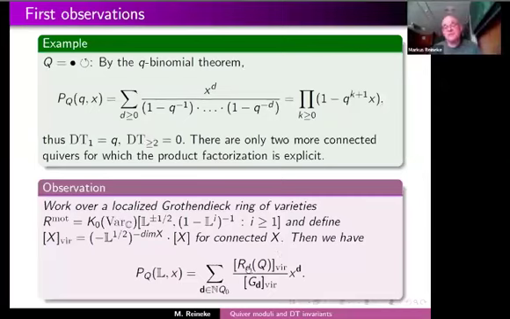So we're taking the virtual motive of the representation space, divided by the virtual motive of the group which acts. Or you could also say we're taking the virtual motive of the quotient stack of representations modulo the group. So this is really the generating series of virtual motives of quotient stacks.